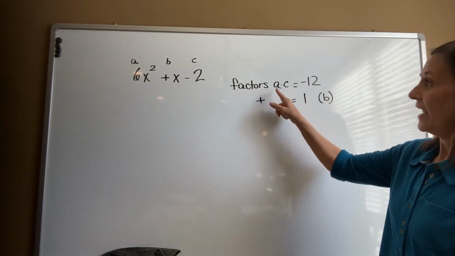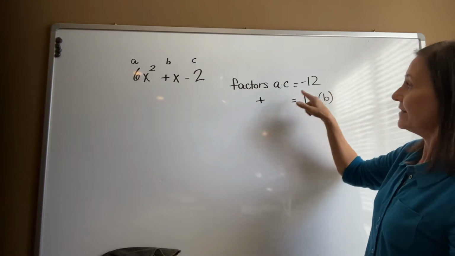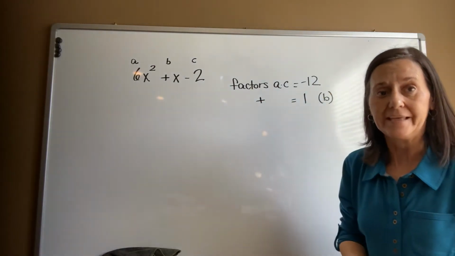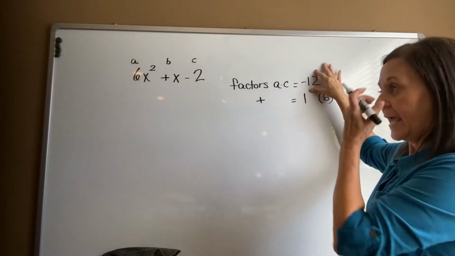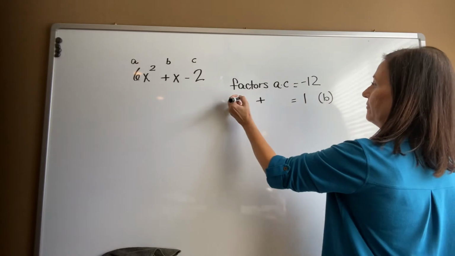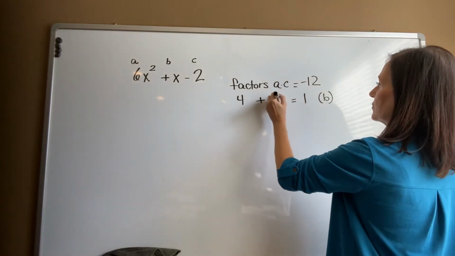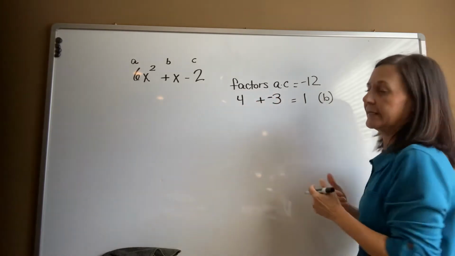Factors of the A times C, such that we add them together and get the B value. All right? So, -12, factors of it would be 4 times 3, and then I have to think which term needed to be negative, and the 3 needs to be negative.